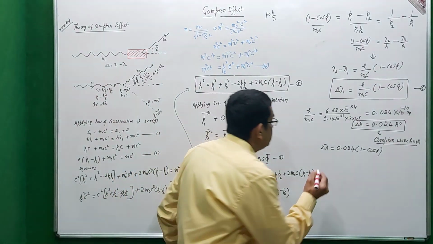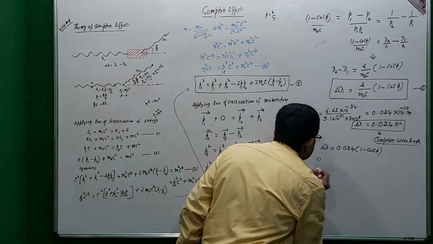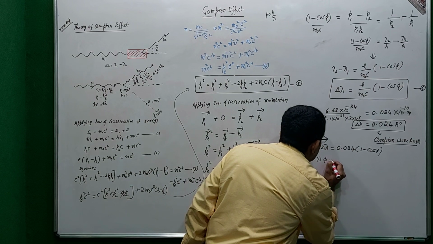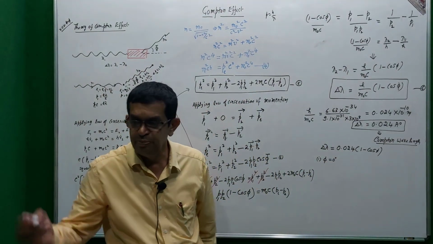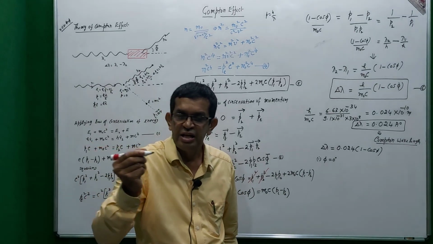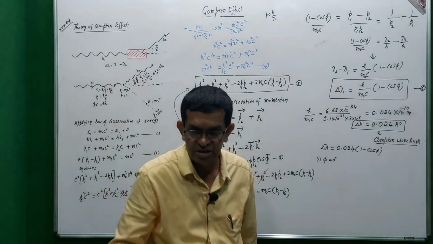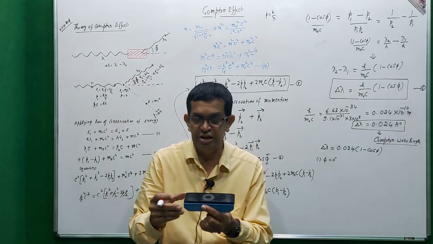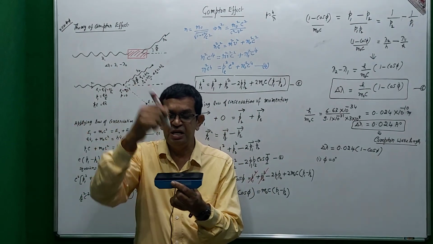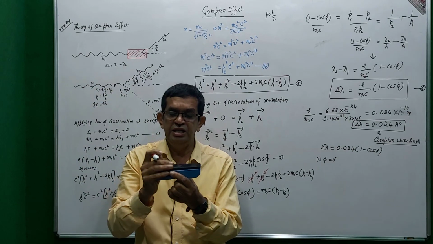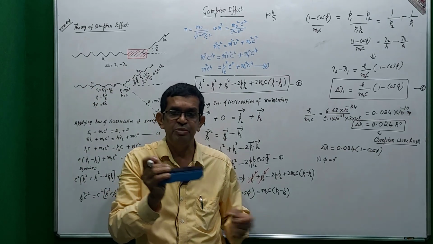Let us consider the different cases. Phi equal to 0 degree. That means there is not at all any scattering. Simply the X-ray beam is incident on the scattering substance, and it does not travel in a different direction.